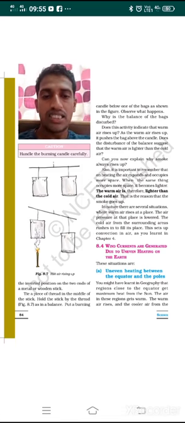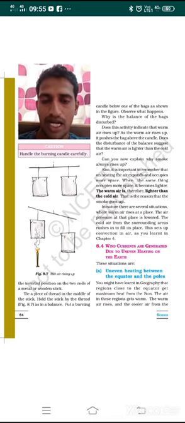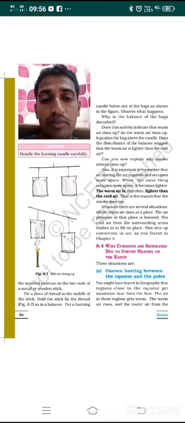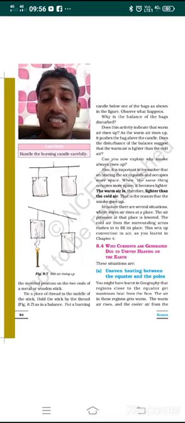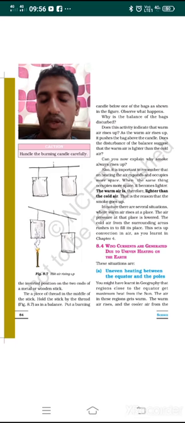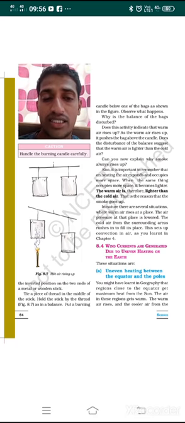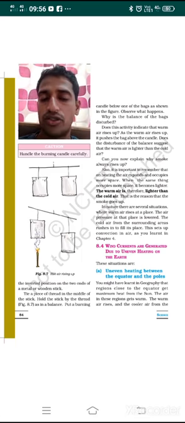It becomes bigger in size and tries to occupy more and more space. To occupy more space, it becomes lighter. Hence warm air is always lighter than cold air, and that is the reason the smoke goes up.